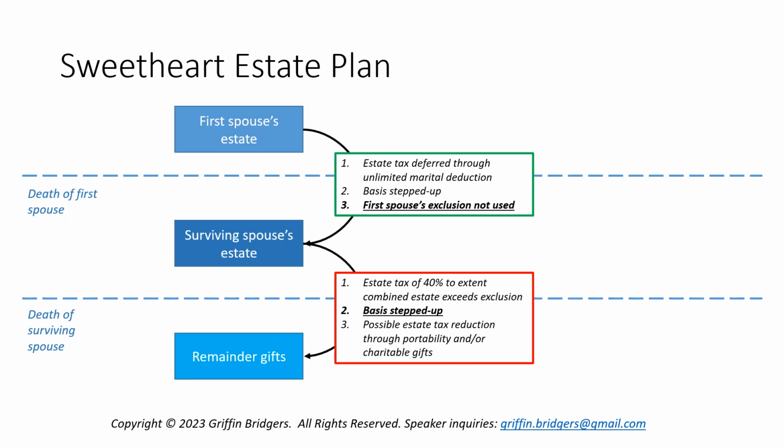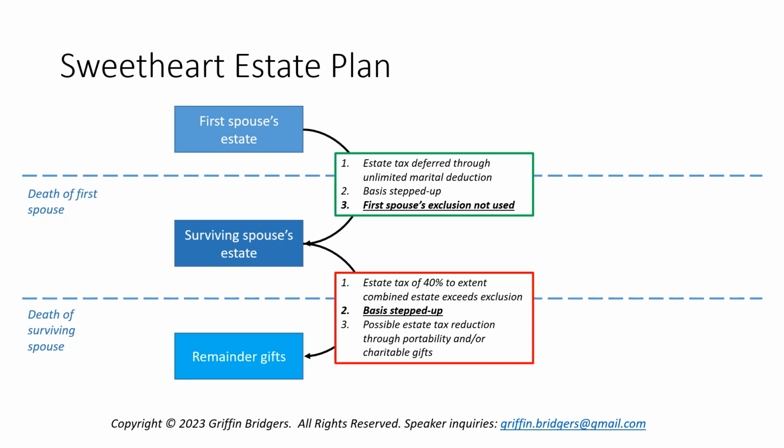But you do get a basis step up for every single asset. So the first spouse could have $1 billion. You could get a free basis step up for everything and defer estate tax, with the cost being that the first spouse's exclusion wouldn't be used in that scenario.